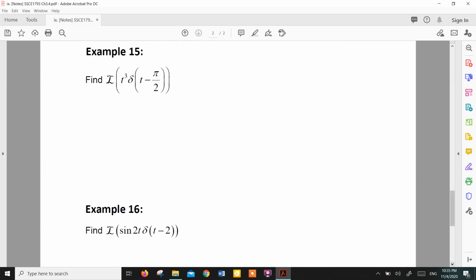Okay, example number 15. Find the Laplace transform of this function. So this function is actually mapped to the Laplace transform of f(t) delta(t minus a).